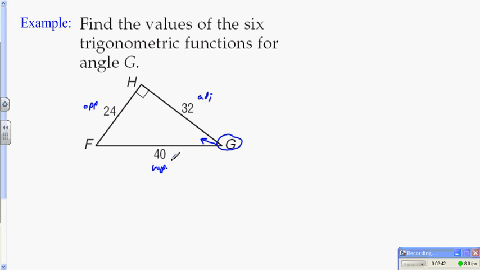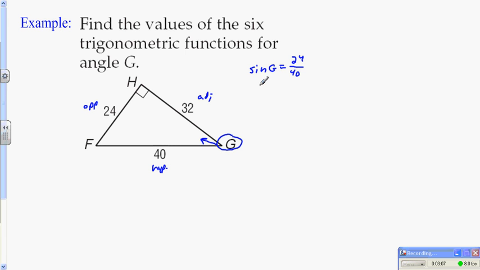Now let's start out with the ones that are most familiar to us. Sine of G is opposite over hypotenuse, so 24 over 40. Now we would naturally reduce this. I'm not going to do that at this time. We just want to make sure that we can write the proper ratios.